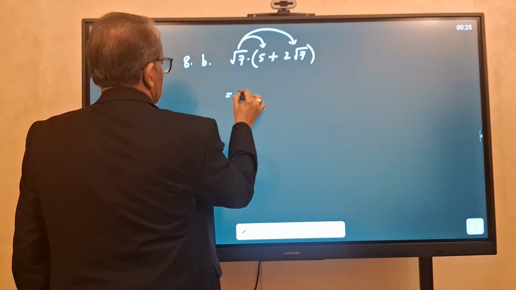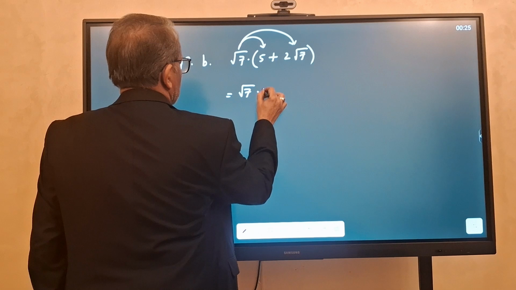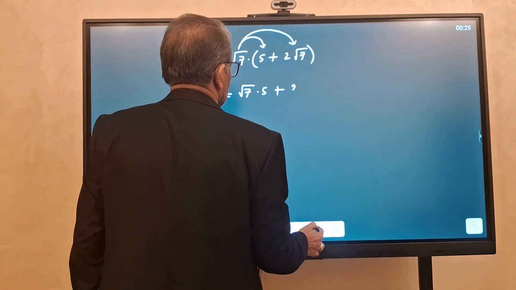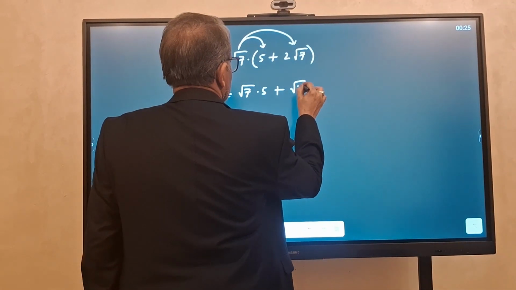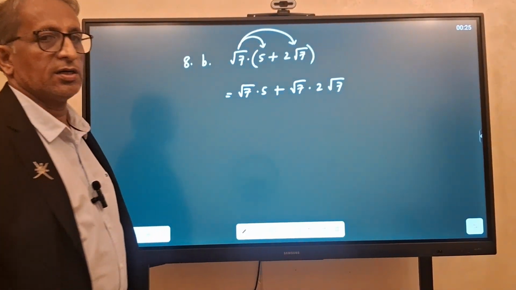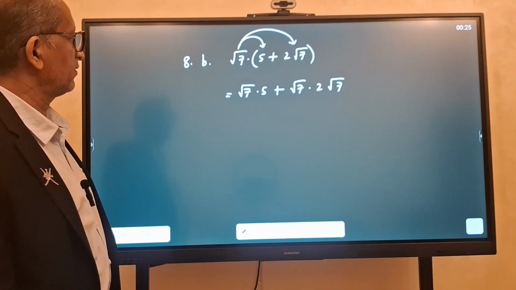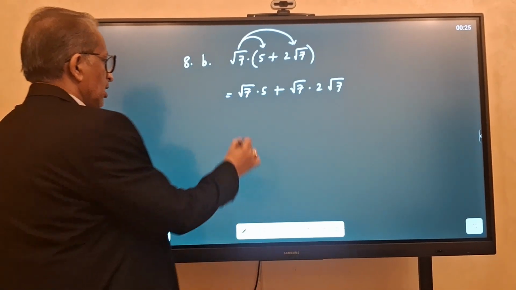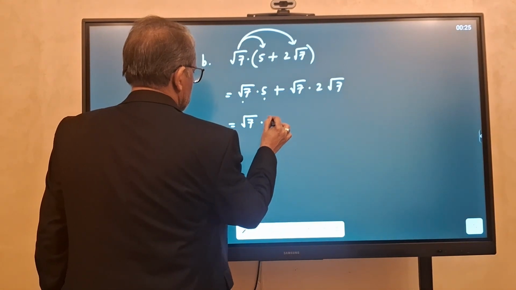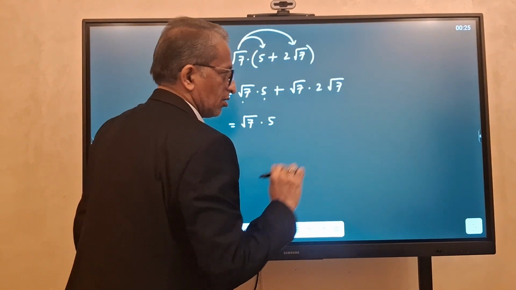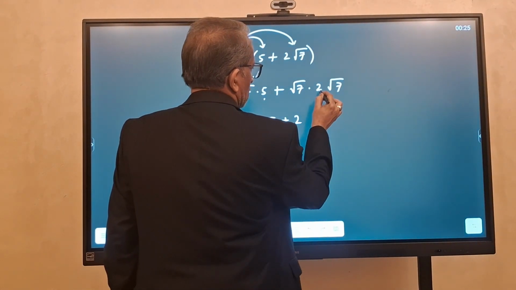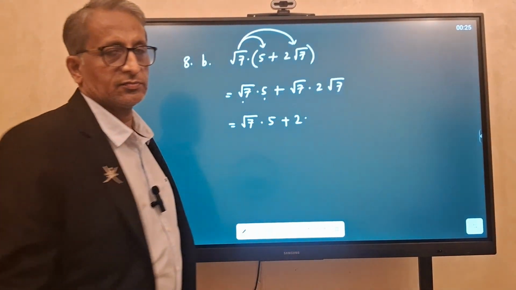So it is root 7 into 5 plus root 7 into 2 root 7. I cannot multiply root 7 with a plain number, so I will write it as it is. This 2 only I write as it is.